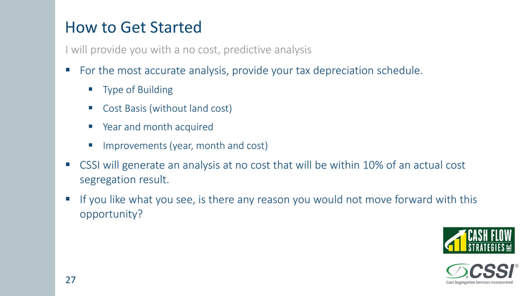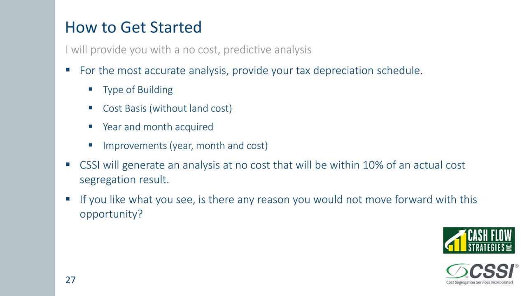Since we're dealing mostly with newly acquired buildings, there probably won't be any improvements unless they're buying an old building and doing improvements before they move in, and we can add that all in. We'll generate an analysis at no cost within 48 hours that will specify the cost of the study and also give them the estimated tax benefit.